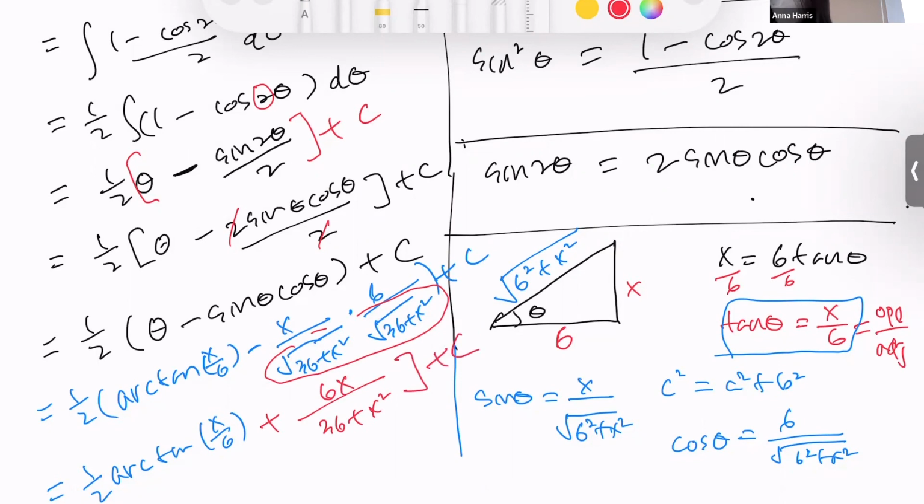Then you're done. And with the triangle, x equals 6 tangent theta. Sine theta is this. Cosine theta is this. Sine times cosine gives x times 6, 6x. I was talking about the arctangent. It's x over 6. So if I'm looking for theta, what do you have to apply here? Arctangent, arctangent.